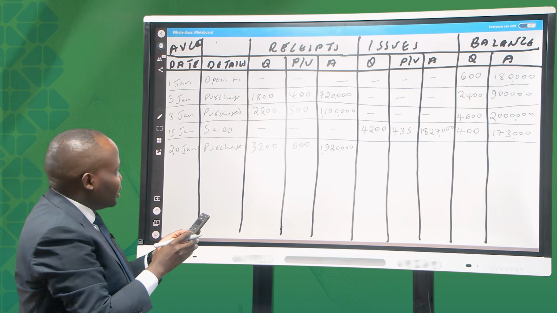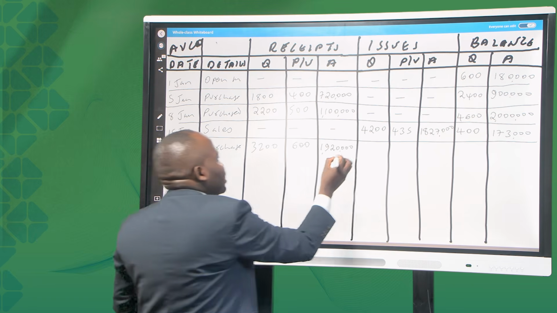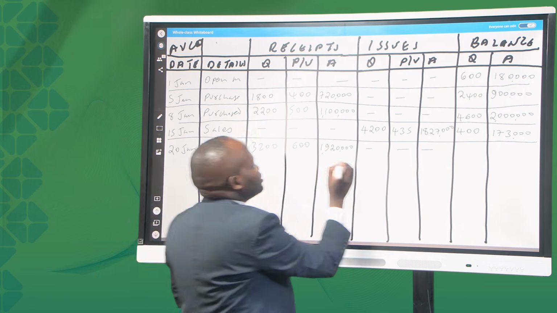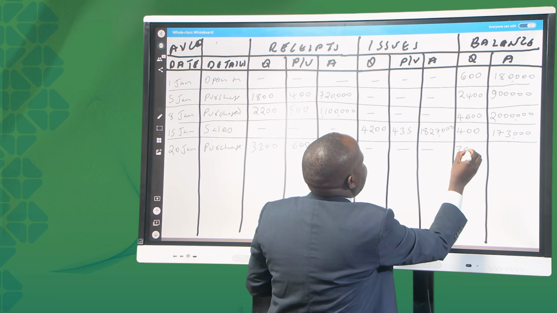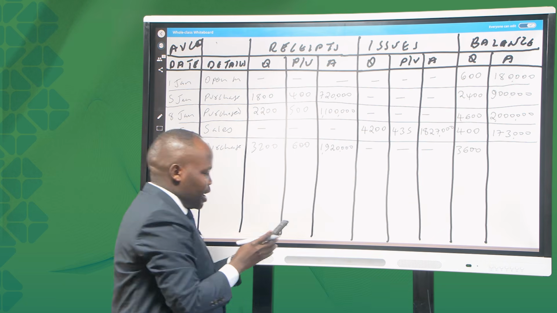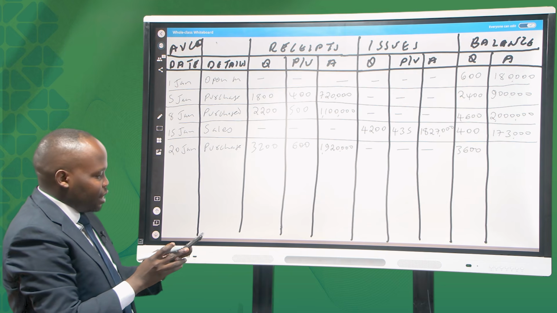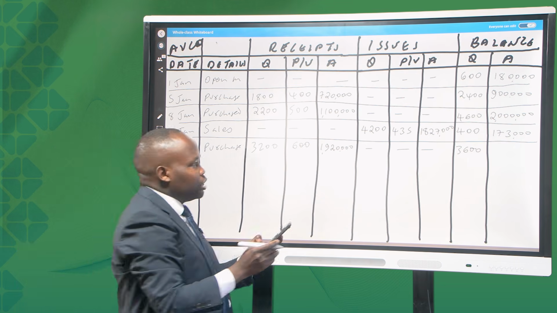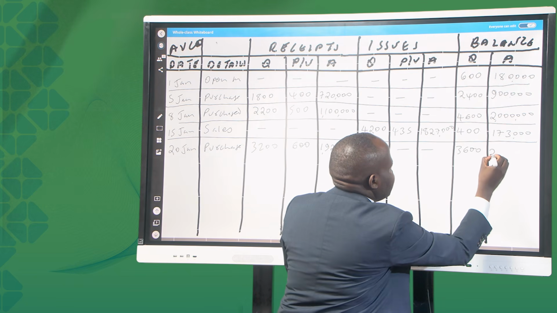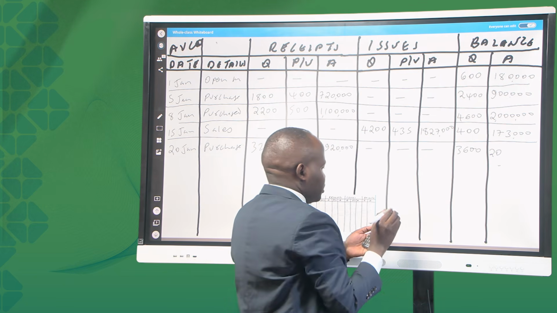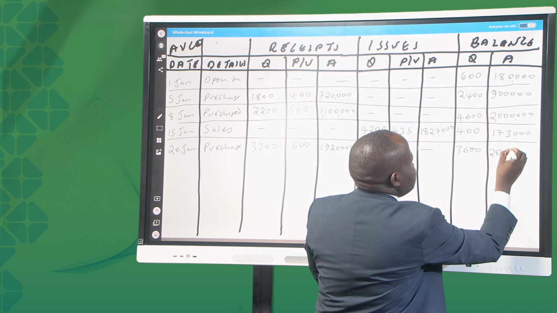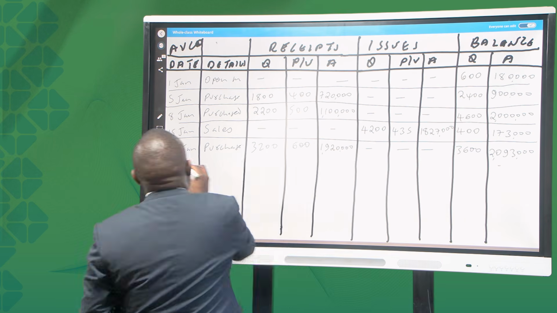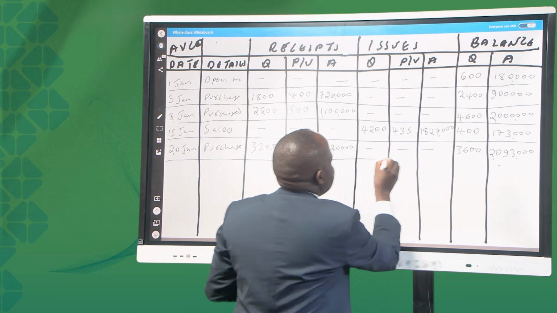We have 400 plus this, which is 3,600. And 1,920,000 plus 173,000 gives us 2,093,000. Okay, that is the date of 20th.